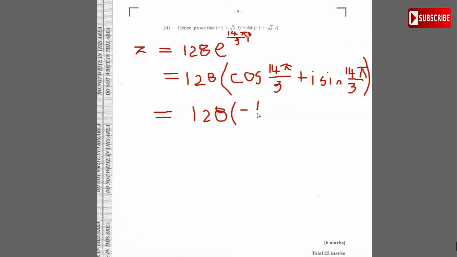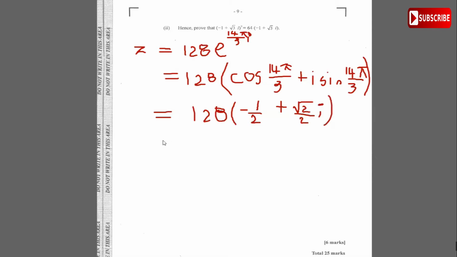Minus a half plus, you find out what the sine of 14 pi by 3 is. The sine of that is root 3 over 2. So I get root 3 over 2 times i.